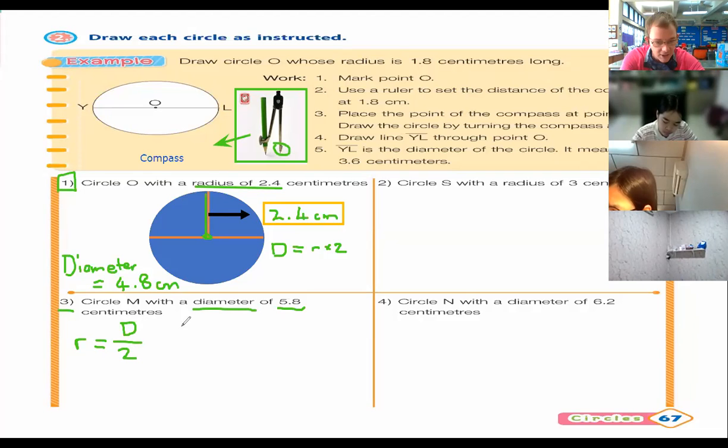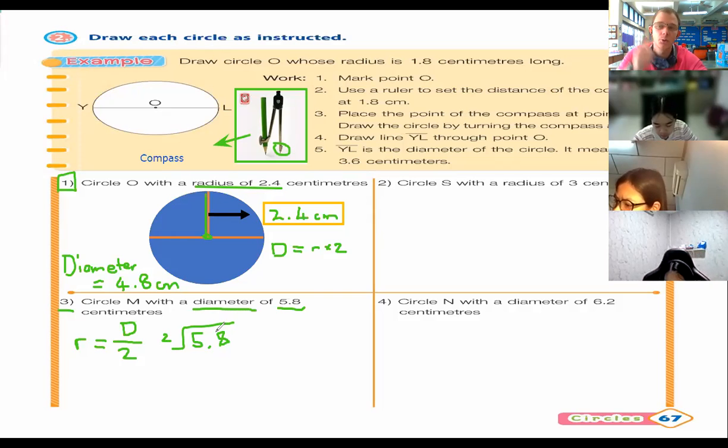So for this instance, we're going to have 5.8, and we're going to apply long division. If you can divide it by 2 very quickly you can do that, but otherwise we use long division. So 2 times 2 equals 4. 5 minus 4 equals 1.